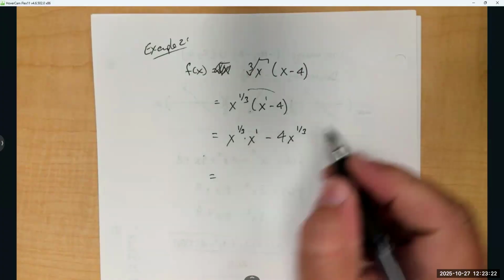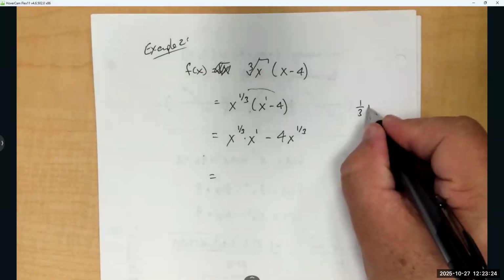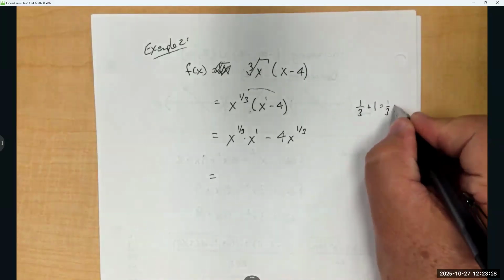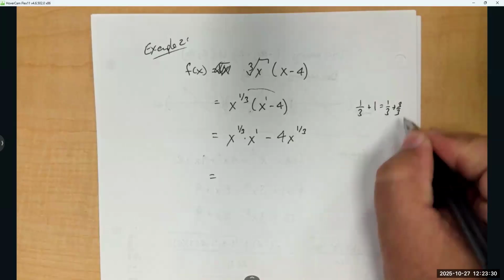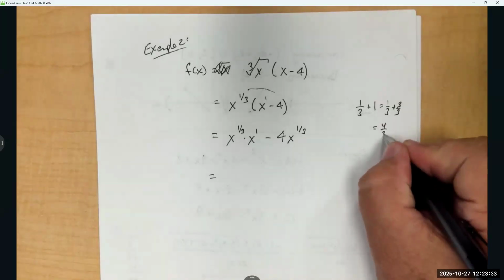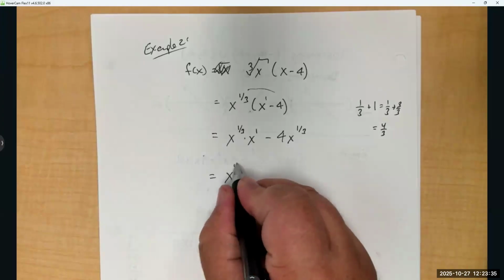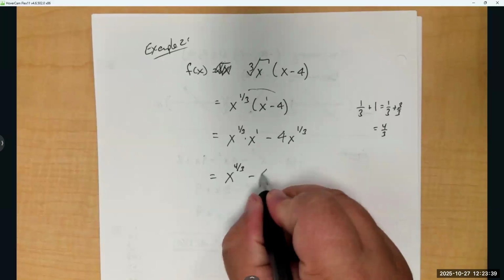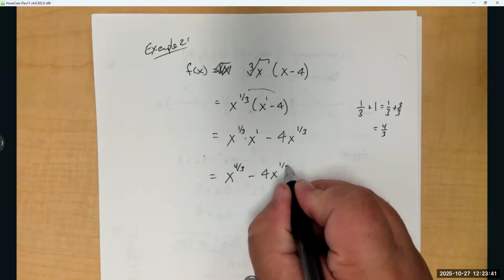This is power 1. So 1/3 plus 1 equals 3/3, so it's x to the power 4/3 minus 4x to the power 1/3.